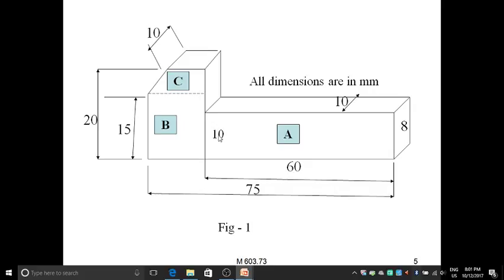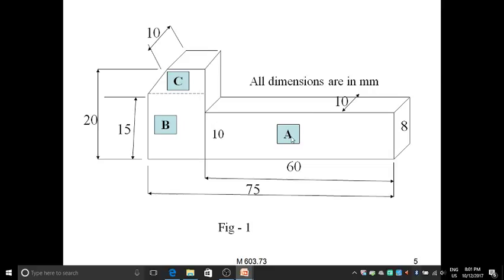Assume this as A, and assume this as B. A plus B by 2 into length into width. So A plus B by 2 into L into H will be the volume of the trapezoidal cross section.